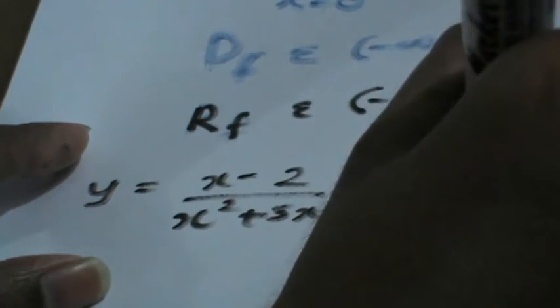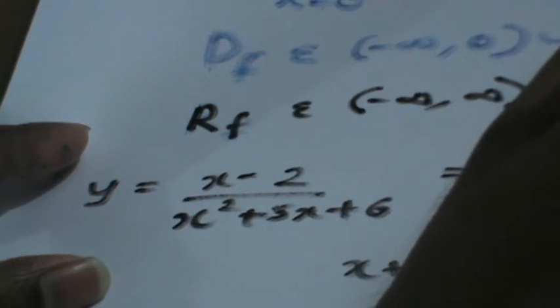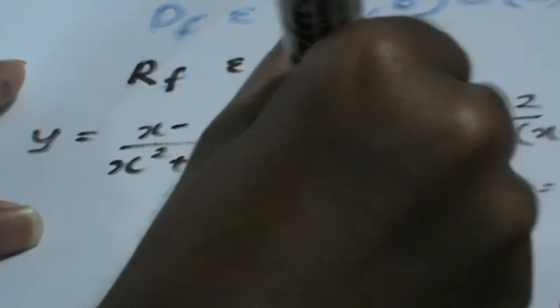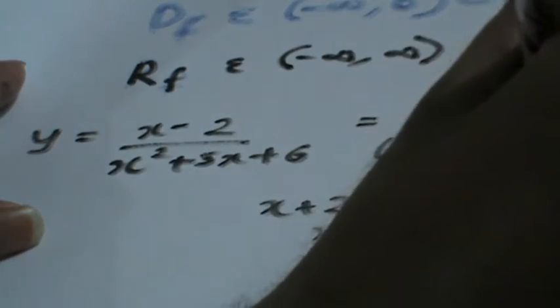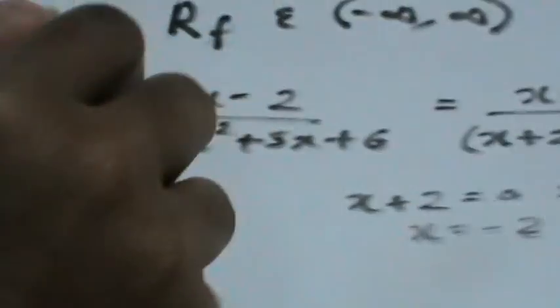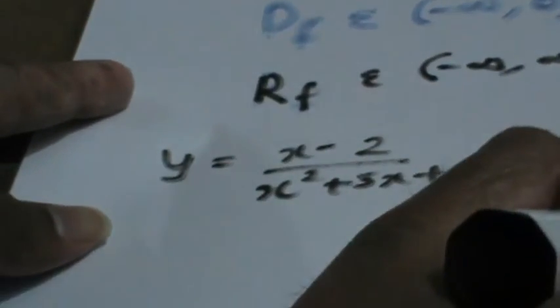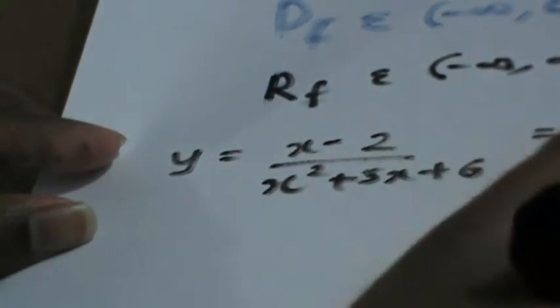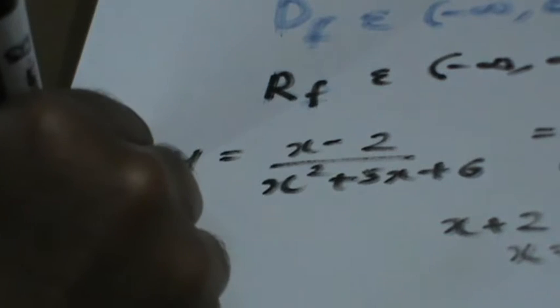When x plus 2 is equal to 0 or when x plus 3 is equal to 0, y cannot be defined, because you get infinity. So x is equal to minus 2 and x is equal to minus 3 cannot be used. You have to exclude those two values from the domain of the function.